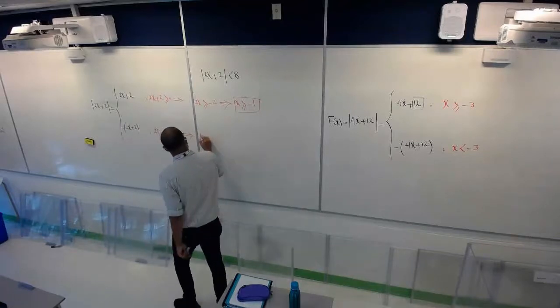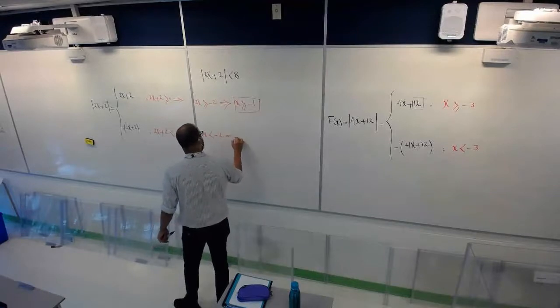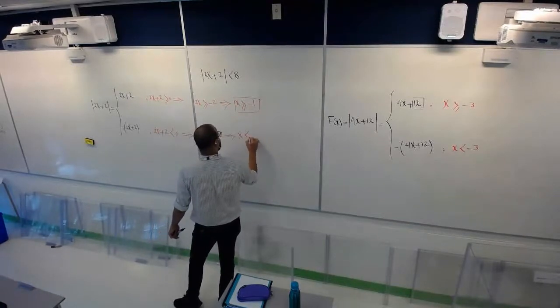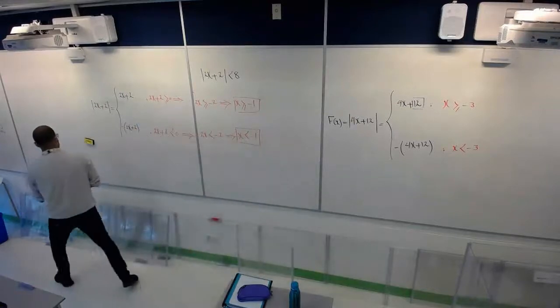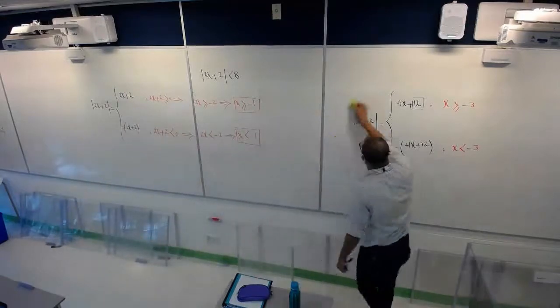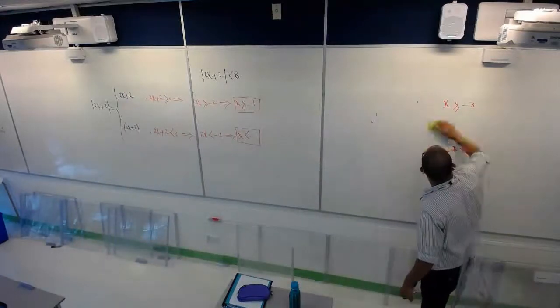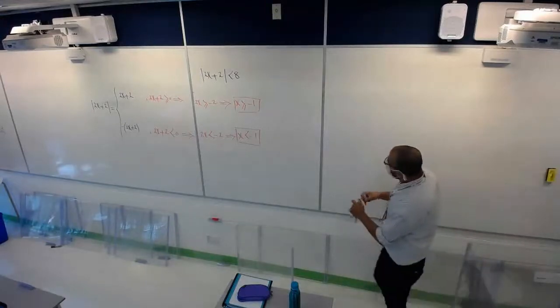The other thing, 2x over here is less than minus 2, and x is less than minus 1. That's it. Now, I have these two things. I haven't yet looked at the inequality. I look at this one now.